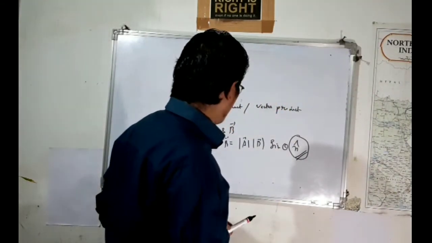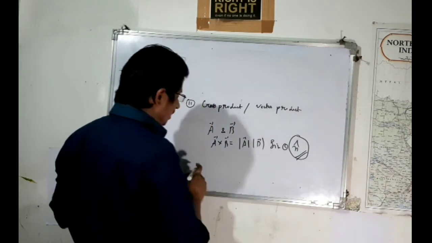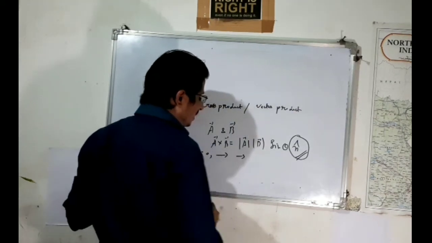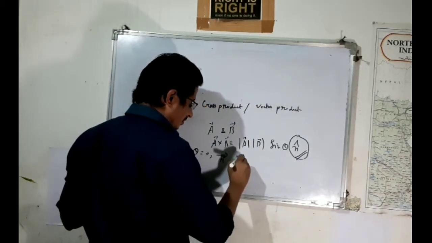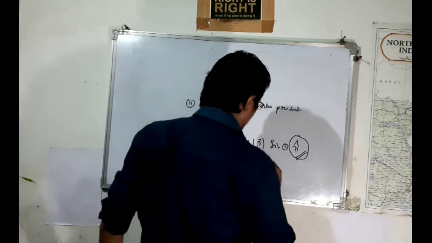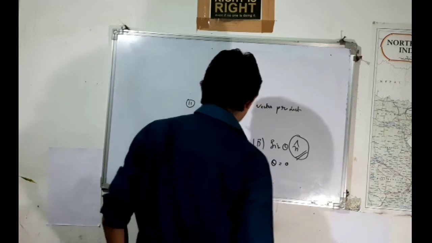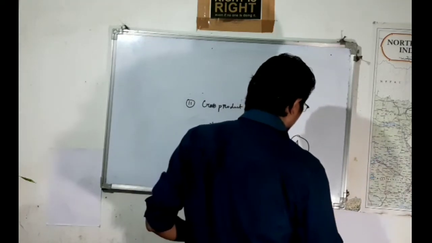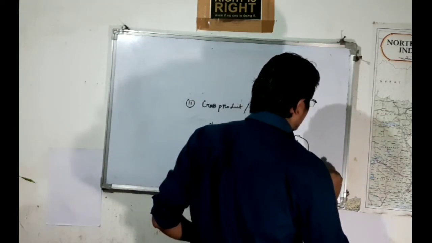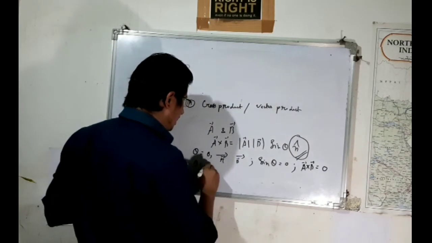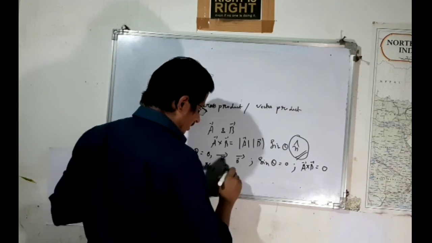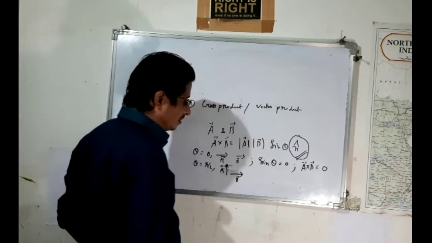Again, as we have studied earlier, here we check the theta value. If theta equals 0, then these two vectors are collinear. In this case, sine theta equals 0. Thus, A cross B equals 0. If theta equals pi by 2, then vector A and vector B are perpendicular to each other.